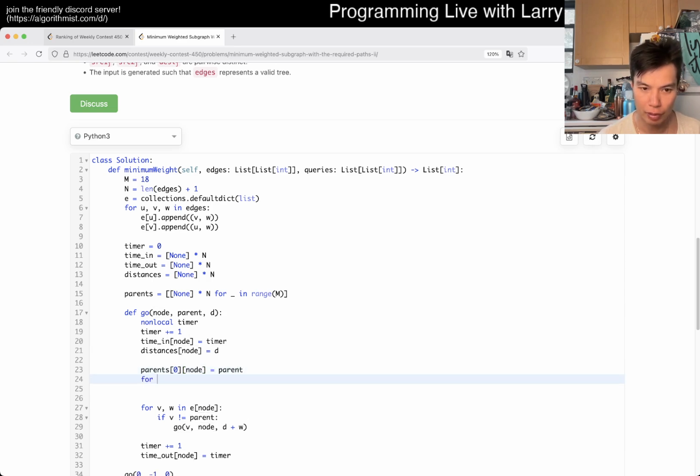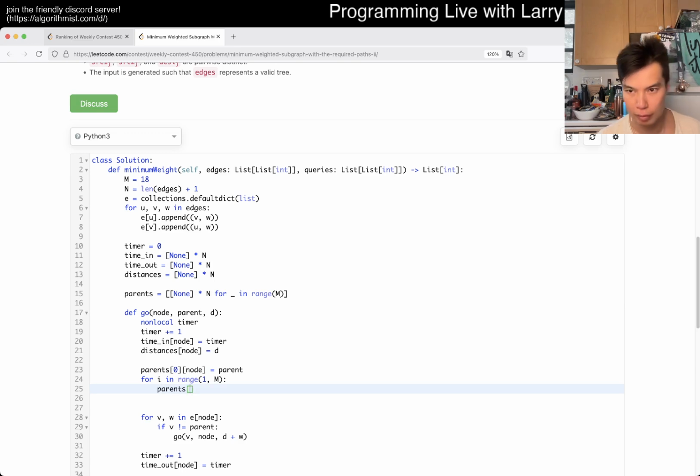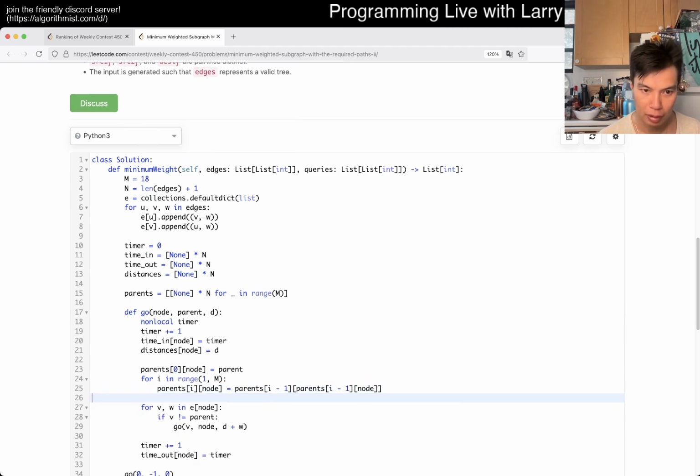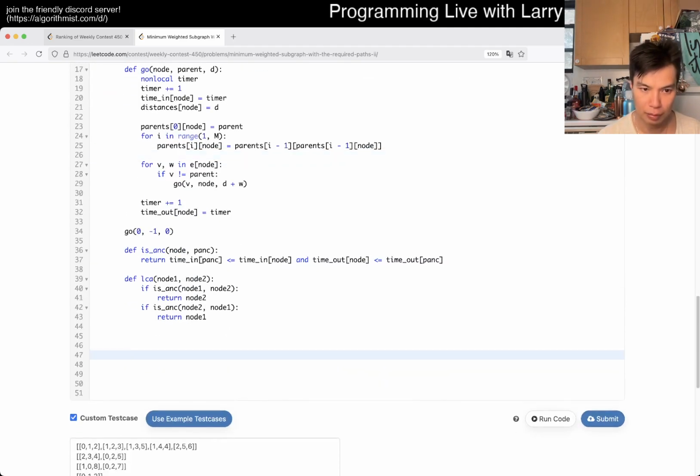And then for I in range of m, starting going to 1, parent sub I of node is equal to parents I minus 1 of node, and this gives me the node. Okay, something like that, right? Okay, print parents.